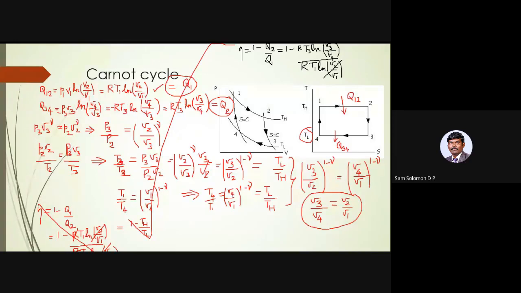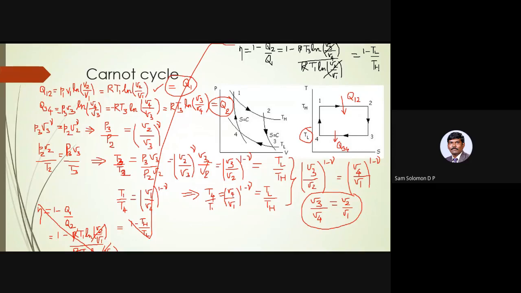So I can cancel out this ln term and I can cancel out this R. T3 happens to be TL, so it is 1 minus TL by TH. And if you keep the source temperature as T1 and the sink temperature as T2, then it will be 1 minus T2 by T1, just like 1 minus Q2 by Q1. Okay, so this is something which you should remember always.